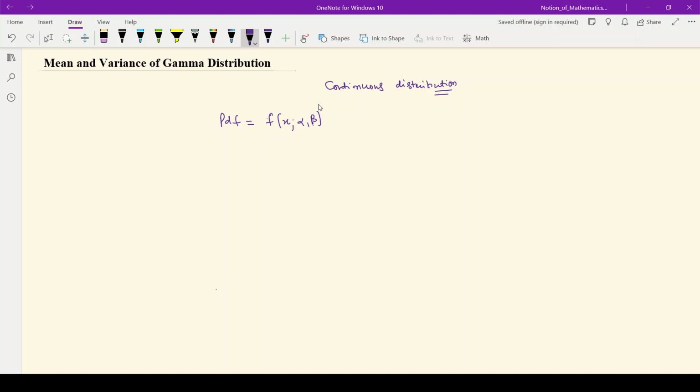Here these alpha and beta are two parameters, which is defined like this: 1 upon beta to the power alpha into gamma alpha into x to the power alpha minus 1 into e to the power minus x upon beta, and this will exist for x greater than 0 and otherwise its value is 0. Here alpha is greater than 0 and the value of beta is also greater than 0. So this is the probability density function for this gamma distribution.